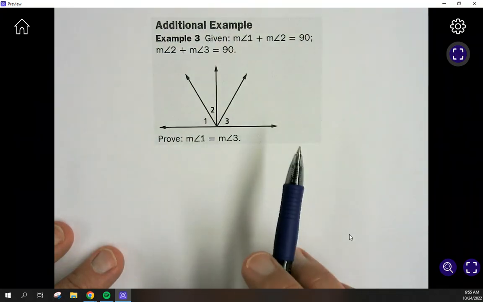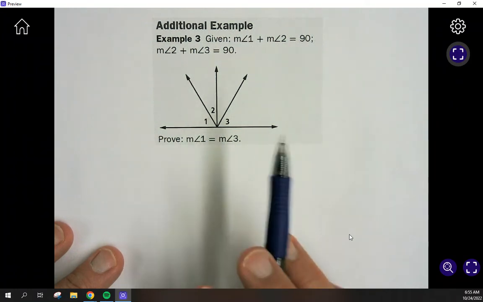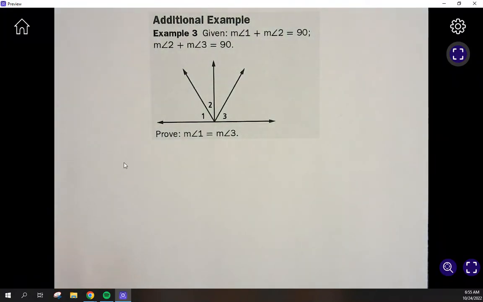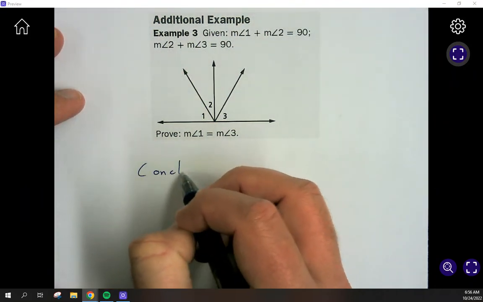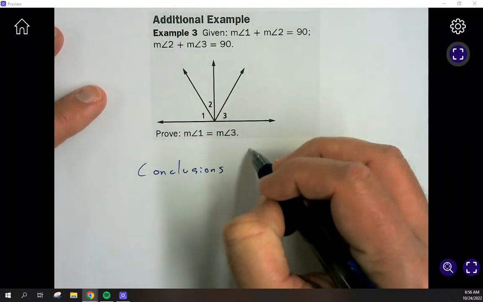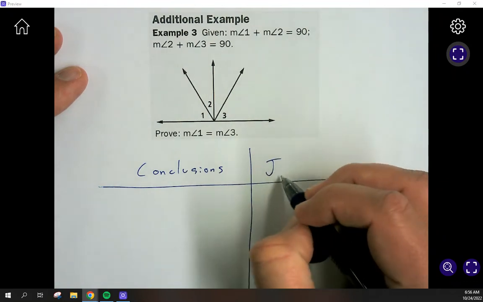So these are not vertical angles. You cannot assume that they are equal based on the vertical angles theorem. So we're going to use some different theorems to get through this one. So we're going to make one of these proofs. We're going to have our conclusions and our justifications.